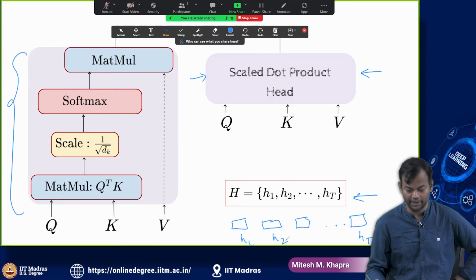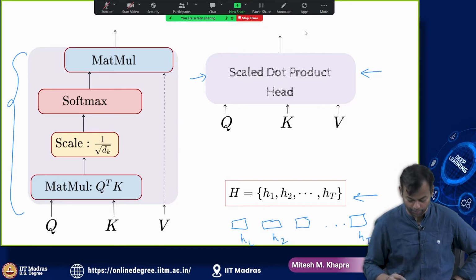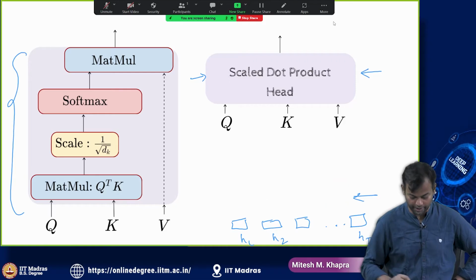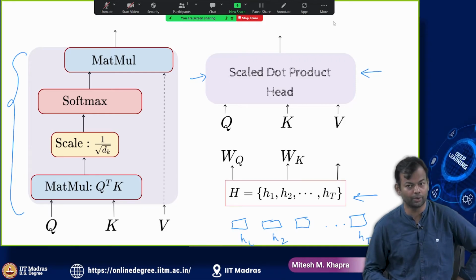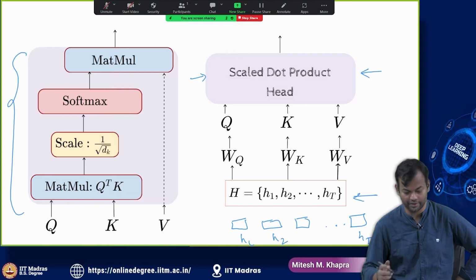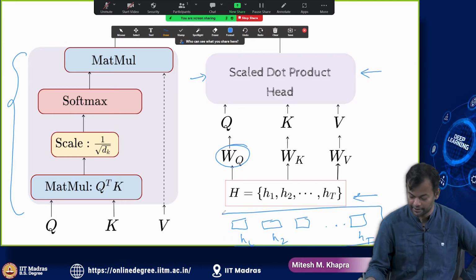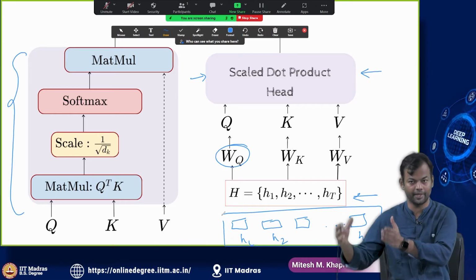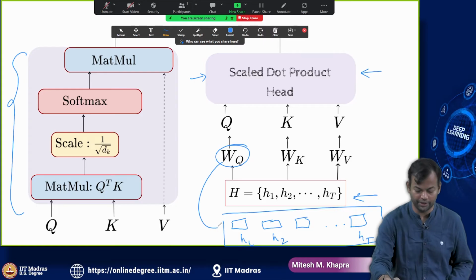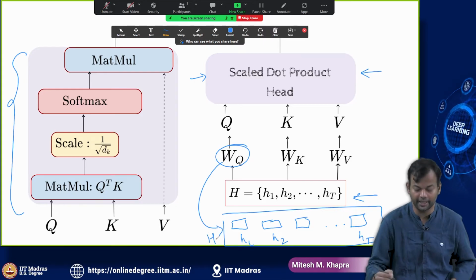Now from the H1, H2, what happens? You pass them through the linear projection, right? Through the WQ, WK and WV matrices to get the Q, K and V matrices, right? So this is just multiplying WQ by these vectors, and you just stack up these vectors into a matrix so that you can just do WQ multiplied by that H matrix, right?